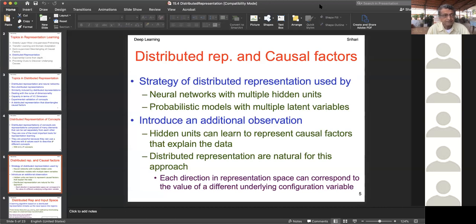So we're talking about vector representations. The hidden units form a vector. So in that vector, the directions can correspond to the different causal factors.